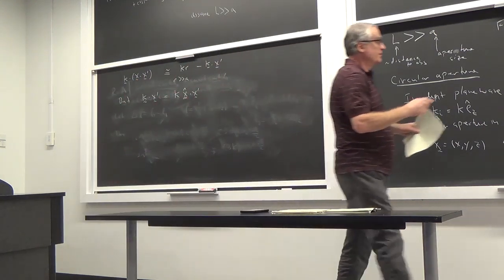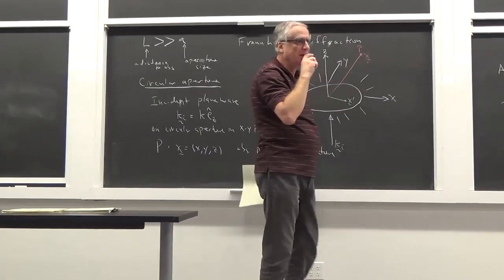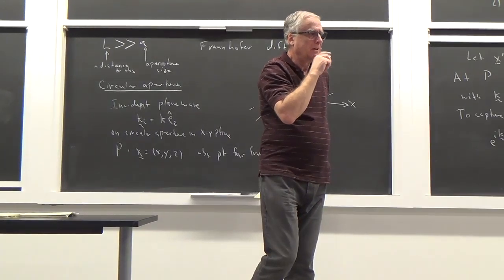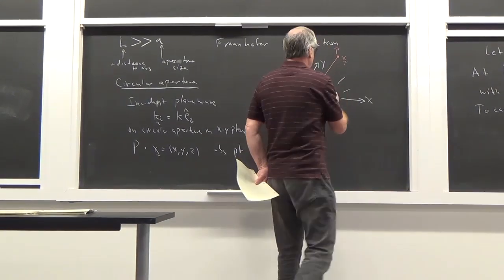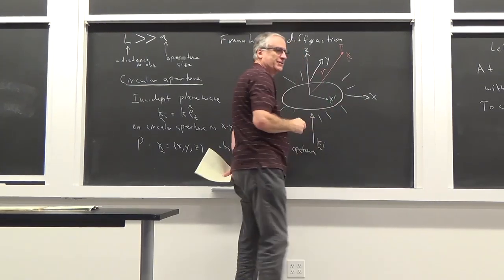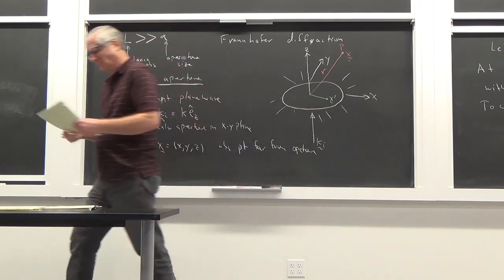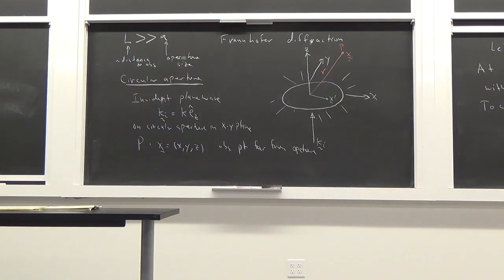It isn't the basis vector in this direction. It's a unit vector in this direction. What is little r? Little r is this distance. Sorry, forgot to put that on there.